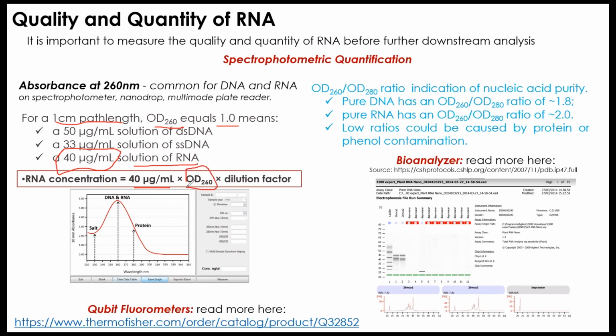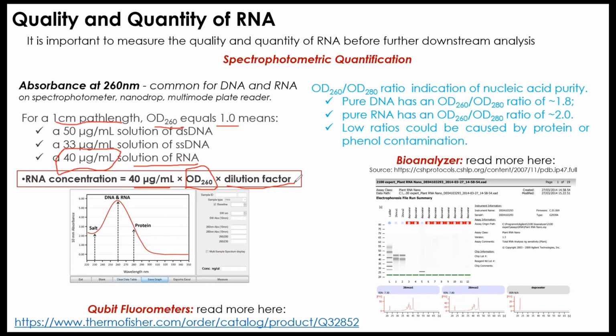So let's say you are getting 0.25, so multiply by 0.25, and then by whatever dilution factor you have used for the spectrophotometer. For example, let's say 1 microliter of the extracted RNA is diluted in 199 microliters of water. So that is 200 times diluted.